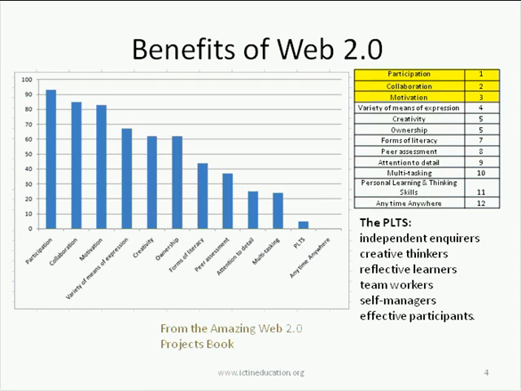So I was surprised when that didn't get a high rating, but I think when you look at some of the other things like collaboration and participation, they are mentioned, but not in those terms. So I think there are plenty of reasons why you would want to introduce Web 2.0 in the first place.